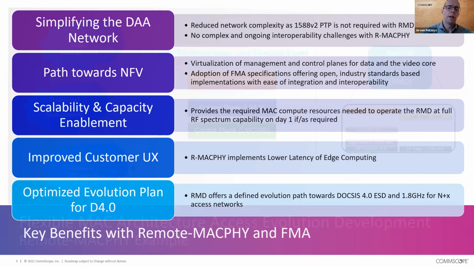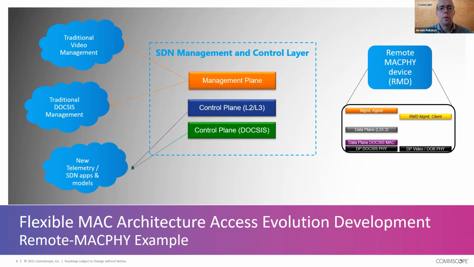Both the northbound and southbound interfaces between this SDN management control layer and the legacy back-office systems leverage existing open, standards based interfaces, but also some new interfaces. The same is true for the southbound interfaces between the SDN layer and the physical cable equipment, in this case the RMD on the right-hand side.